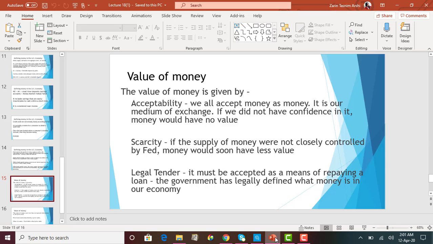Okay, then the second thing that gives money value is scarcity, right? If money was easily available, let's say out in your backyard you had a tree with money as the leaves, then the money wouldn't have any value. We could have just taken money from the tree and gotten anything we want.